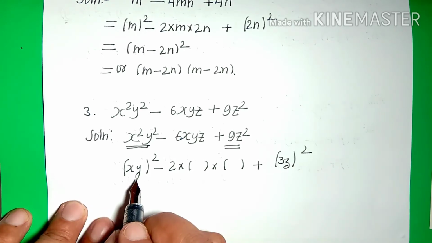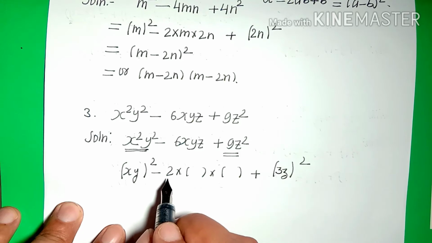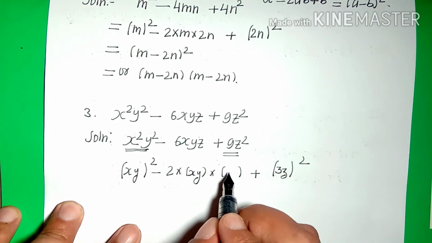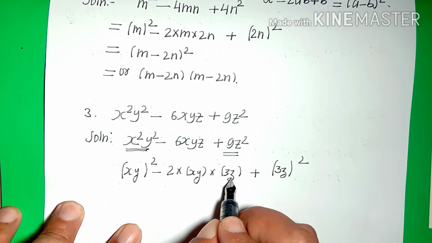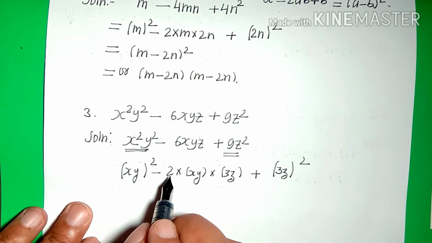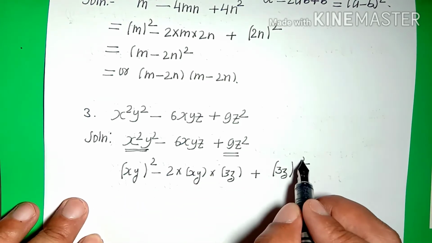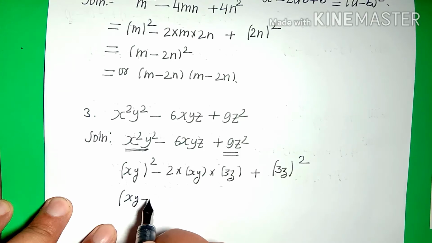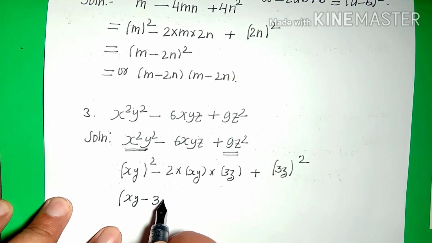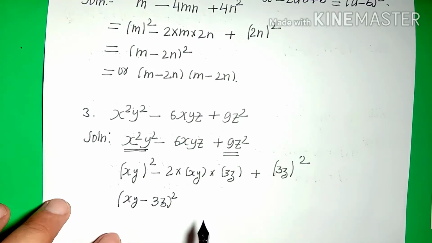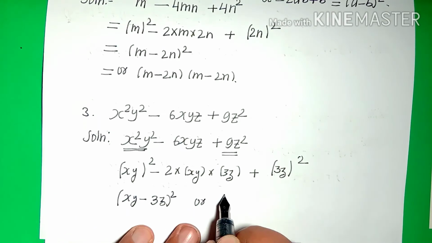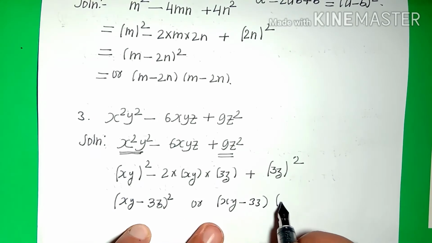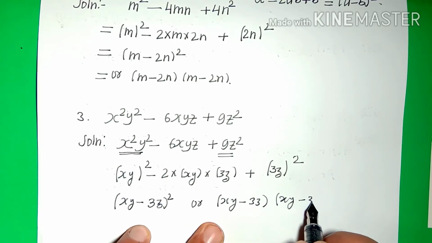So I've got the value of a and b. Now fill in 2ab: 2 into a means xy, b means 3z. We know that a square minus 2ab plus b square equals a minus b. So a, that is xy, minus sign, b, which is 3z, the whole square, or this can also be taken as xy minus 3z, again xy minus 3z.